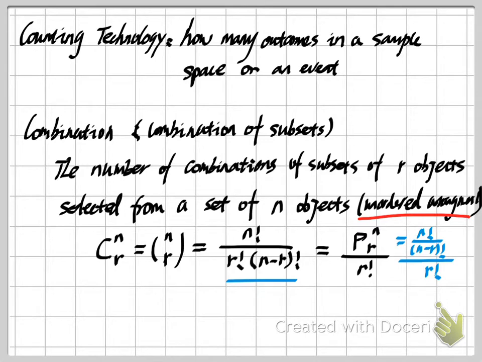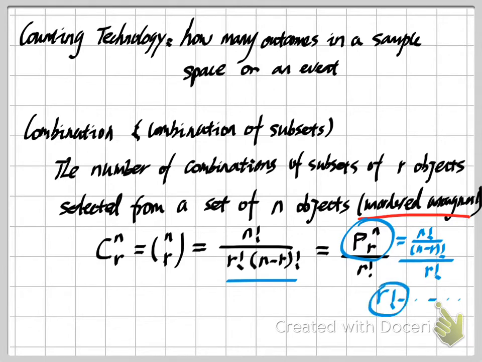Here is how we can understand why the combination of a subset looks like this. First, we select R objects from the N objects. The way we can choose this is the permutation of subsets. However, when we have done this, we find that we didn't care about the order. That means now we have the R objects and we can change their order. The ordering of R objects is a permutation, and this permutation of R objects is R factorial.